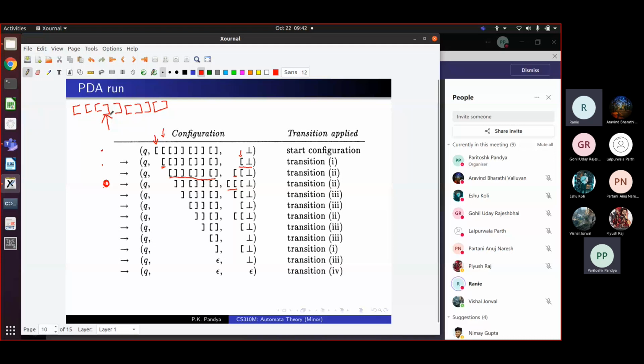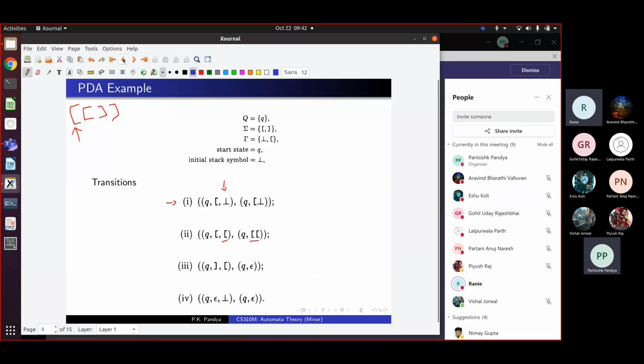And before that we had pushed an open bracket onto the stack, which I will mark by a blue arrow. When we processed the earlier symbol we transferred it to the stack, right? Yes, sir. So now we match these two and say that those two match, and so we cancel them. So how do we do that?